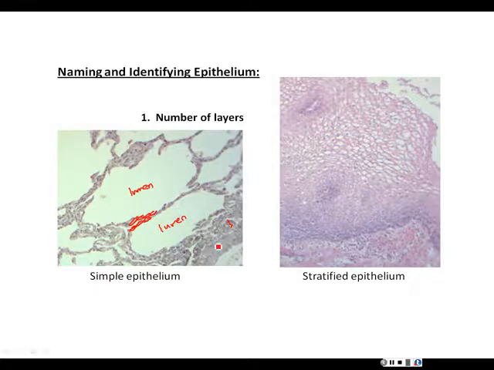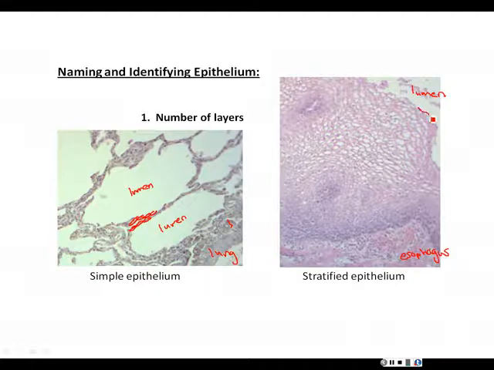Here, we're looking at the esophagus. And in the esophagus, you have stratified epithelium, so multiple layers of cells, stratified squamous to be specific. Our lumen is up here, our empty space, and there are multiple layers of epithelial cells stacked on top of each other to protect your inner tissues from any rough-edged, half-chewed food you swallow.